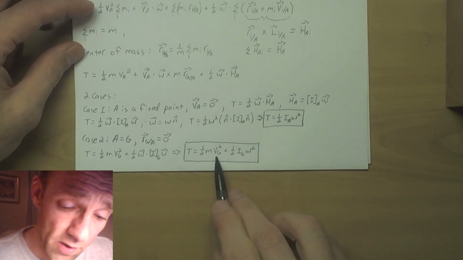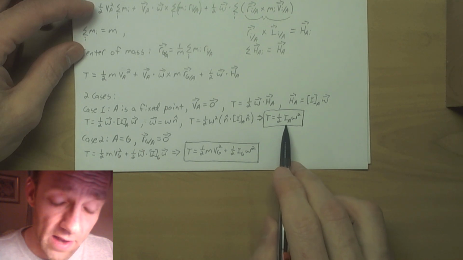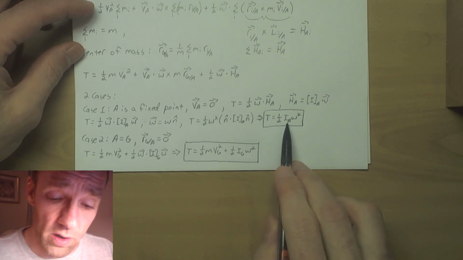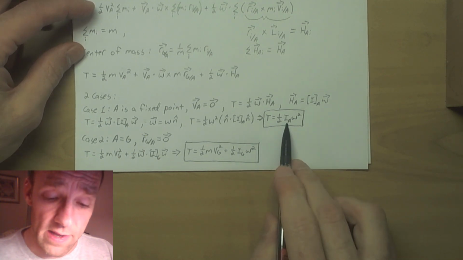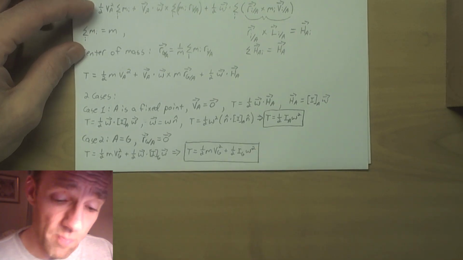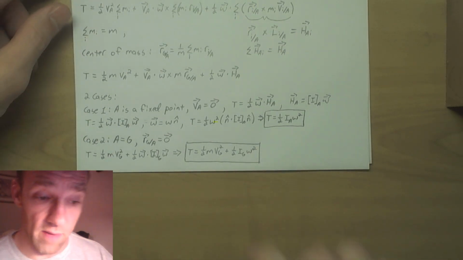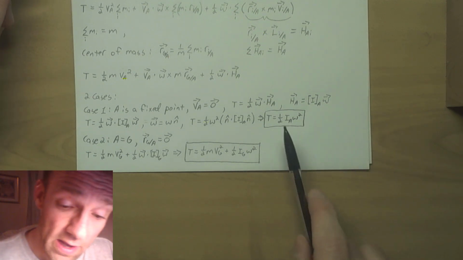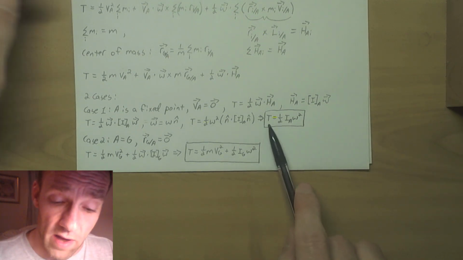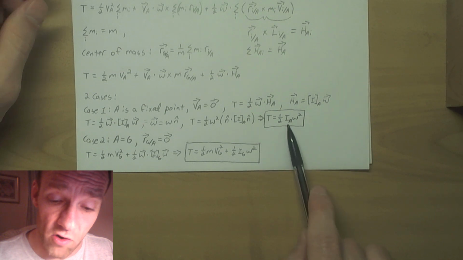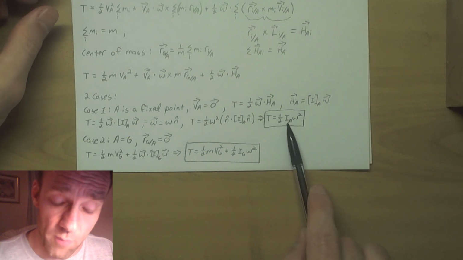In a situation where it would be more advantageous to evaluate this quantity in terms of a fixed point, so if one of the points on the object is held down and has a velocity of 0, then sometimes it's easier to evaluate the kinetic energy in terms of that point.